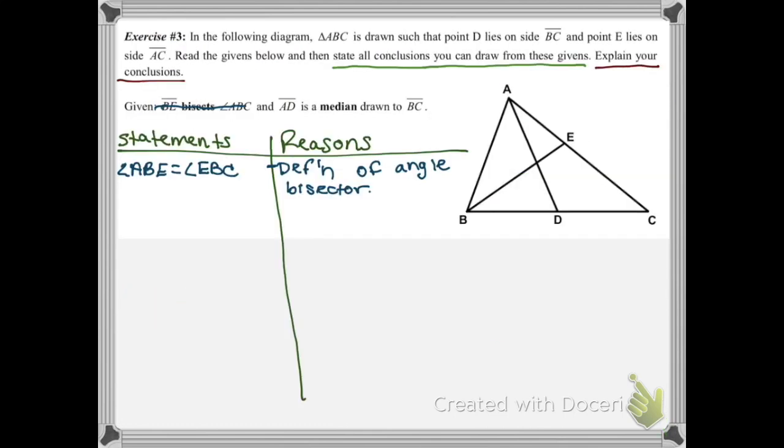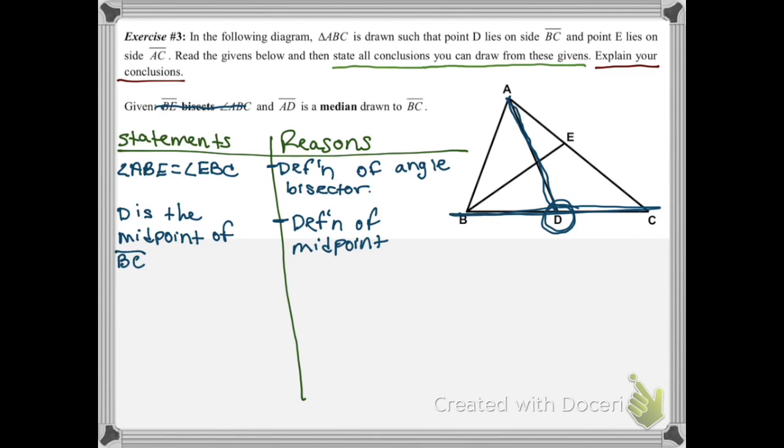So here we're given that AD is a median drawn to BC. So AD here is the median drawn to BC. That means that point D is a midpoint. And that's how you would write that, okay?